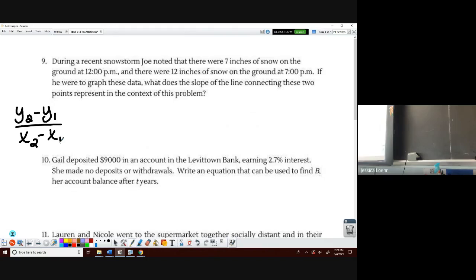Now, as I said earlier, x is always represented by what? Time. So your x's, the unit on that is going to be time. The other thing the problem is talking about other than time is snow. So it's going to be the amount of snow for the y's.